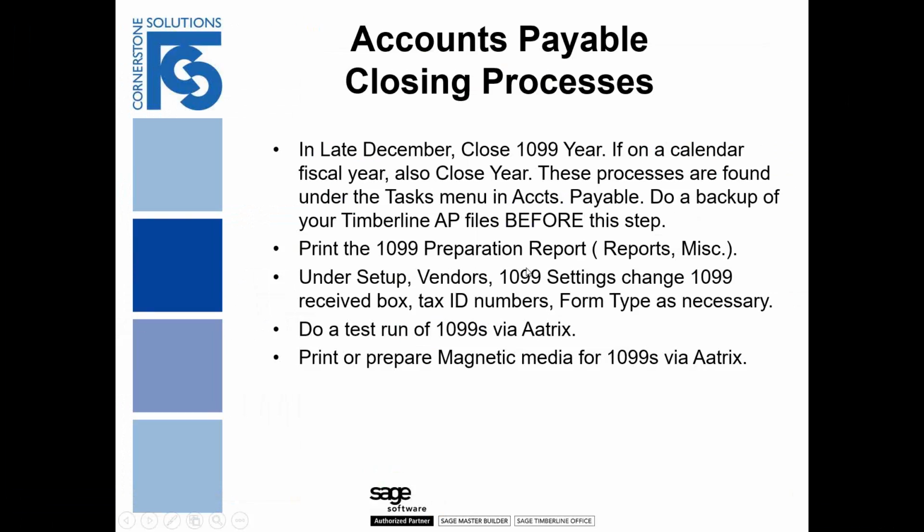Okay. All right. So you run your 1099 preparation report. And that's kind of a little bit of old school when Timberline did the 1099s before they interacted with Atrix. Now what happens a lot of times is people will just go into Atrix and do a test run, a trial run, and you can do that as many times as you want to, and that works as well. Or you can run that 1099 preparation report too. That works.